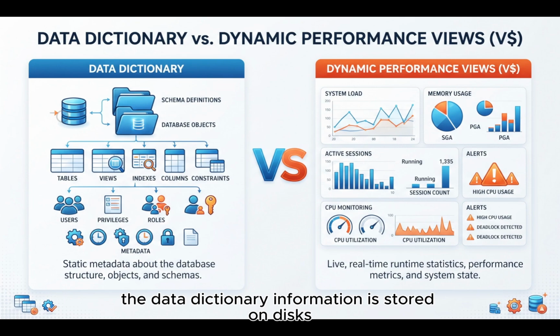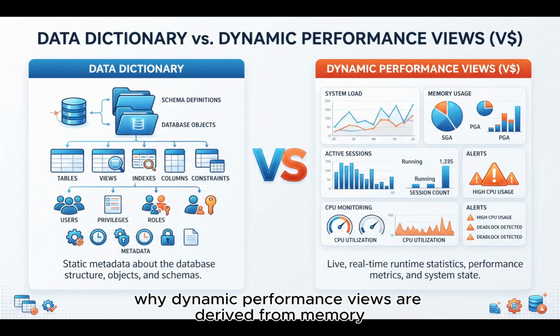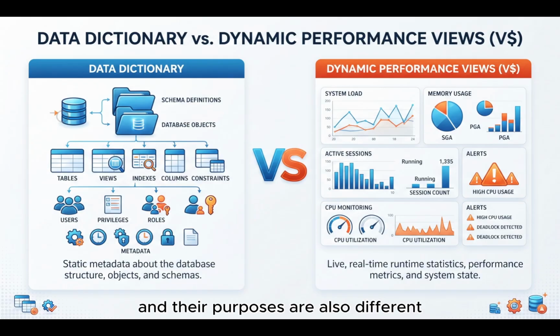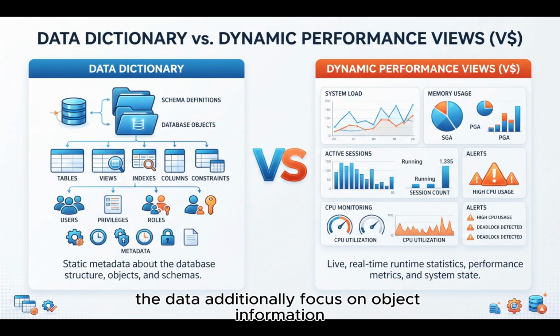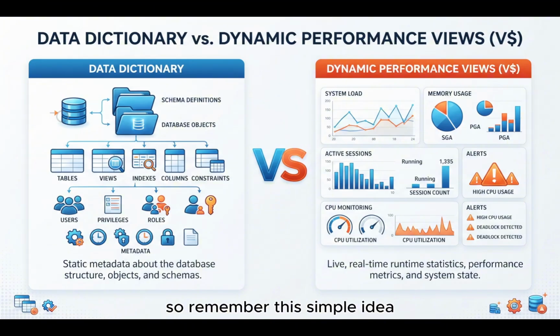The data dictionary information is stored on disk, while dynamic performance views are derived from memory, and their purposes are also different. The data dictionary focuses on object information. Dynamic performance views focus on performance and operational information. So remember this simple idea. Data dictionary: what does the database contain? Dynamic performance view: what is the database doing right now?